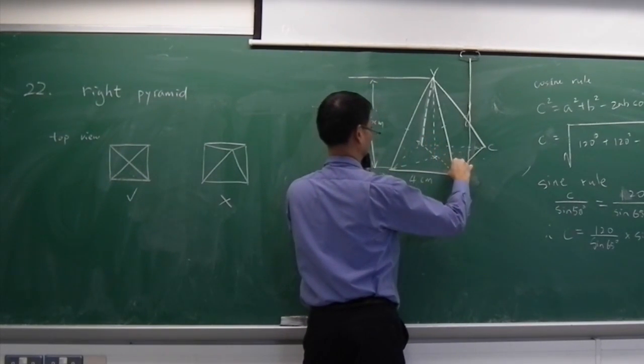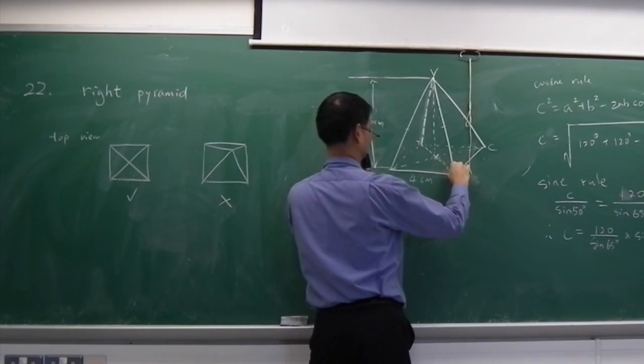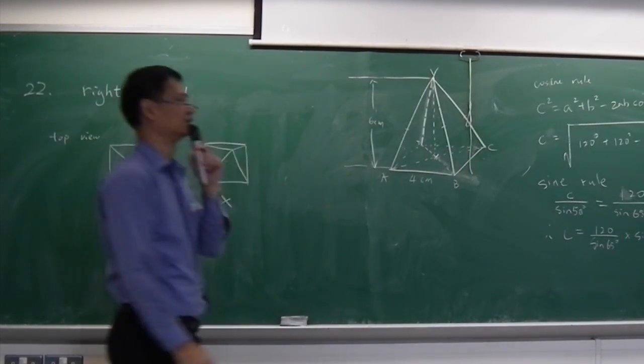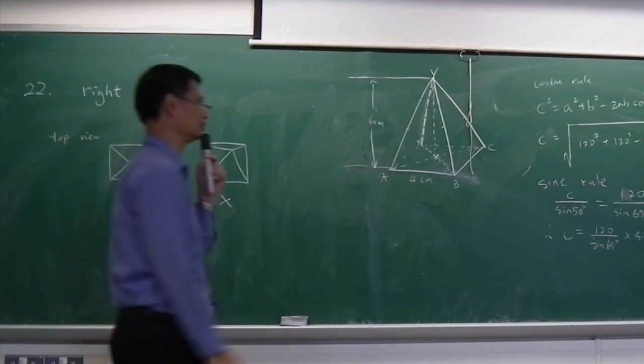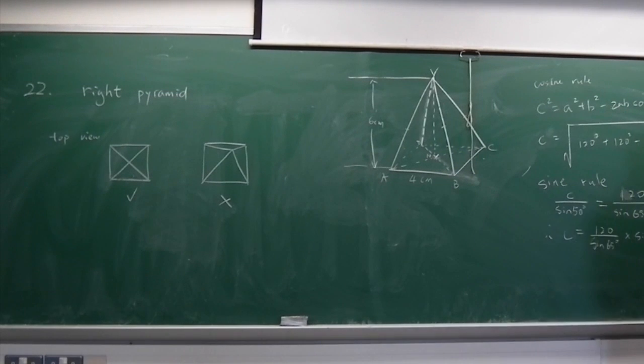So I can as well draw something like that. And this point is called A. In order to find the angles between VAN and VBN, what is VAN?